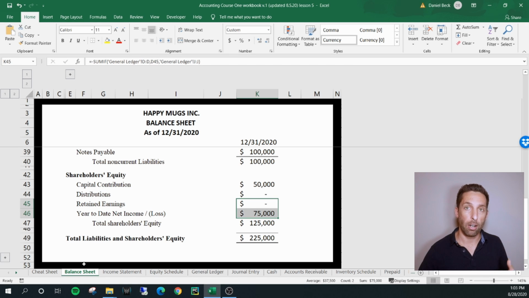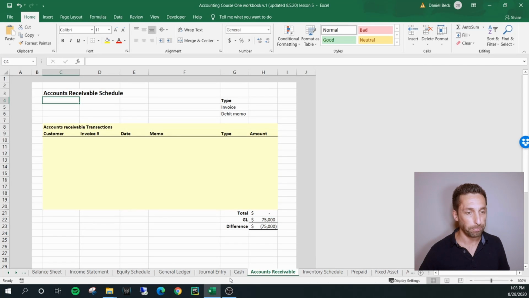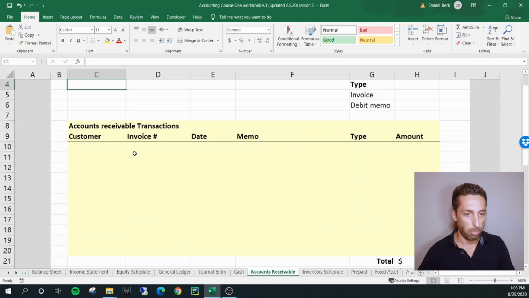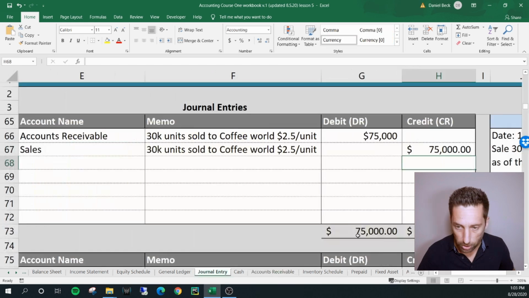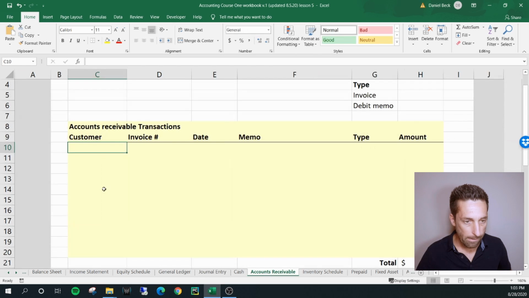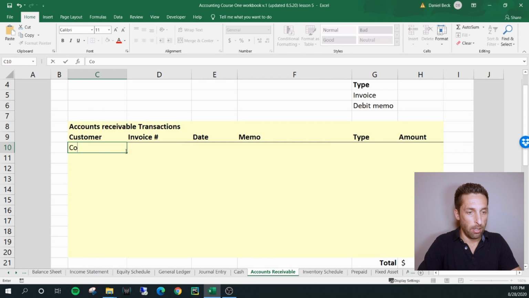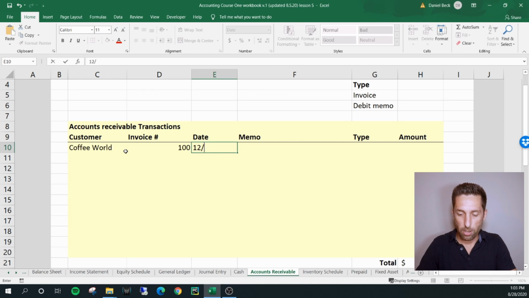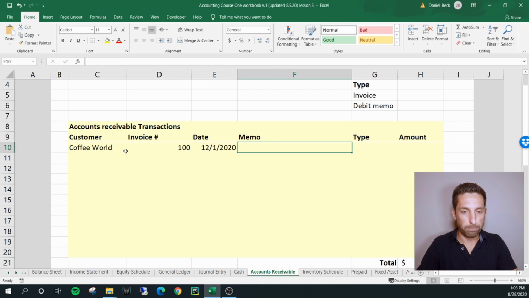Now, the only component we need to still do is record the receivable in our balance sheet account reconciliation sheet. So let's go now to our Accounts Receivable tab, and I'll go ahead and zoom in, just to make sure I got the right customer, Coffee World. I'll put in Coffee World. I'll put invoice, just make this up. The date, this was on 12/1/2020. Memo, sold 30K units.